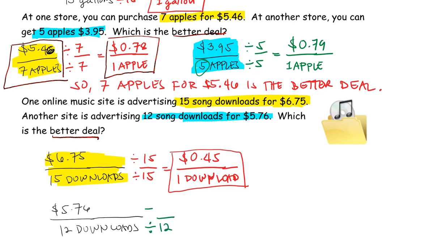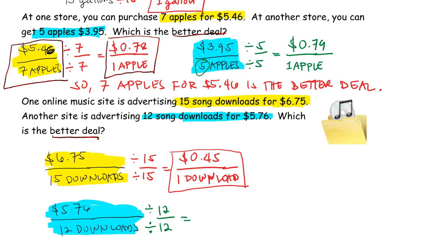So just dividing it by 12, both the numerator and denominator. Again, this pertains to my second rate. But to know which is a better deal, we're gonna get the unit rate.